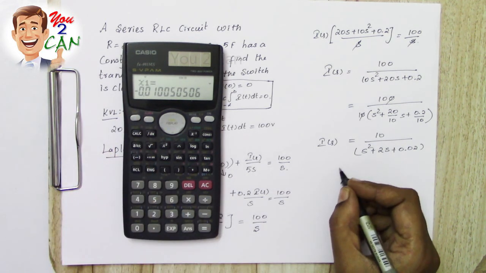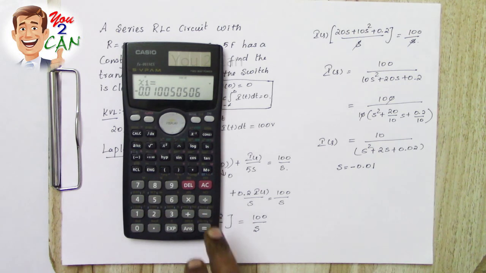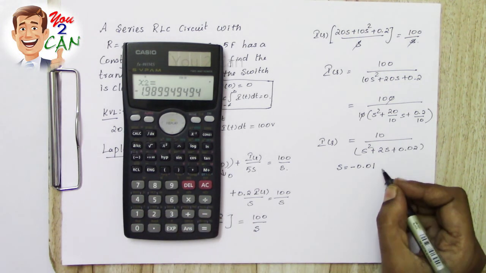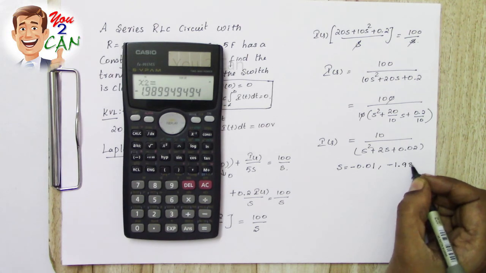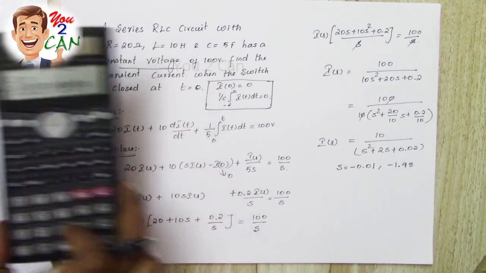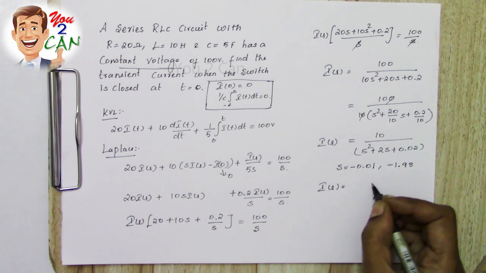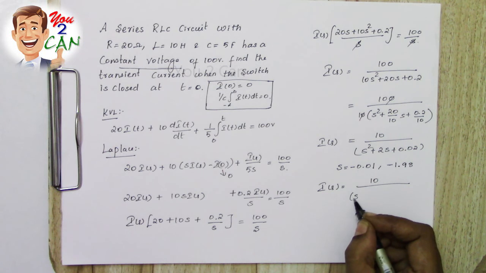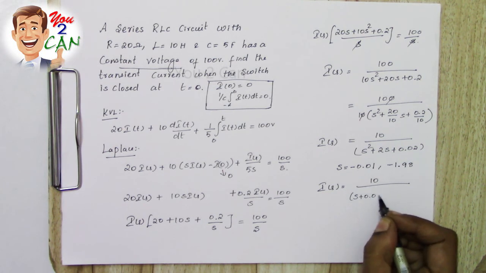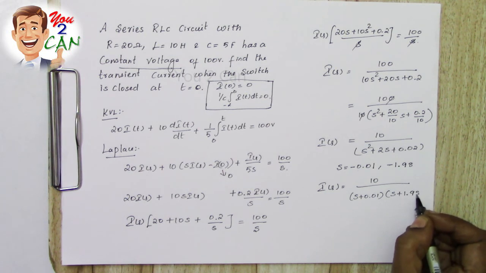One root is s equal to minus 0.01, another root is minus 1.98. Now write this equation as I(s) is equal to 10 divided by s plus 0.01 times s plus 1.98.